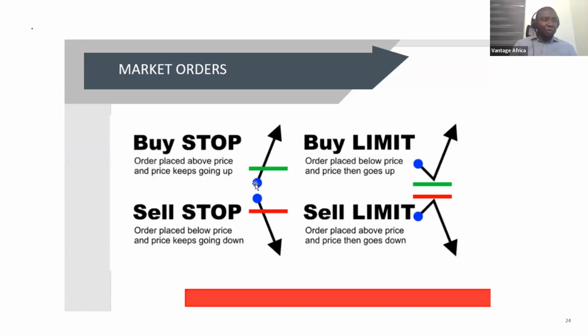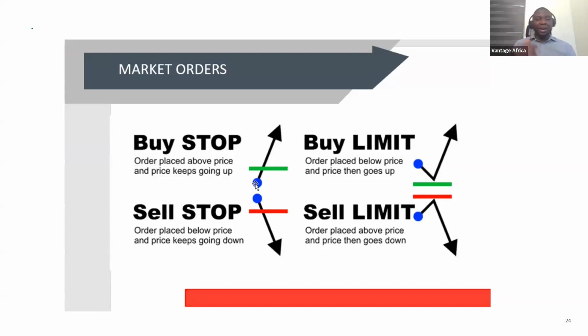Since you don't know where the market is going, you can use a pending order, a buy stop or a sell stop. You know that if price is currently selling and the news is weak for that particular instrument, price is likely to continue to sell, right? And most likely it will do it very rapidly.